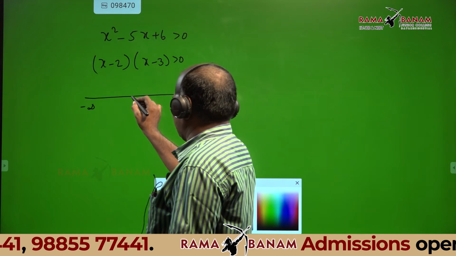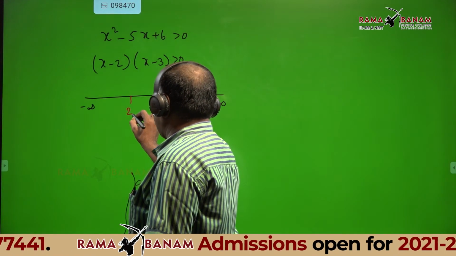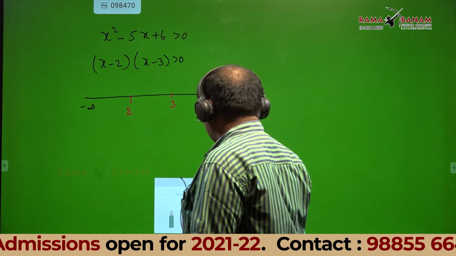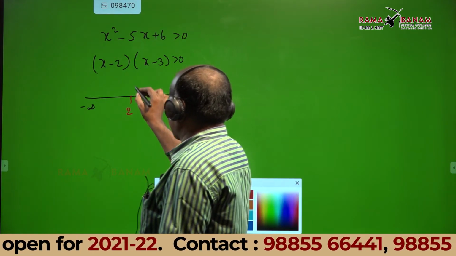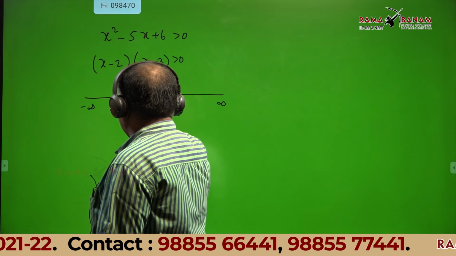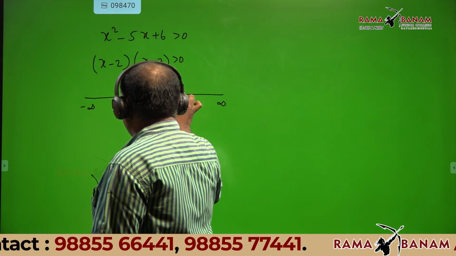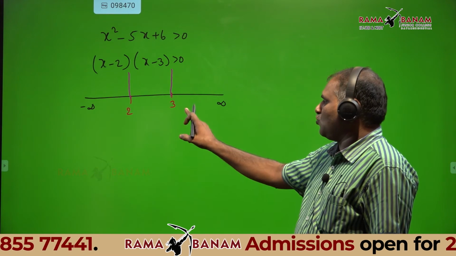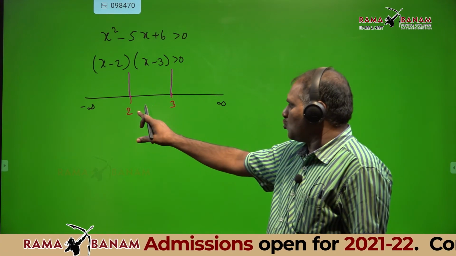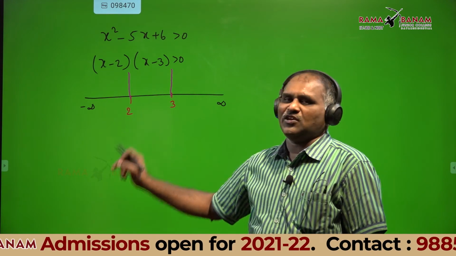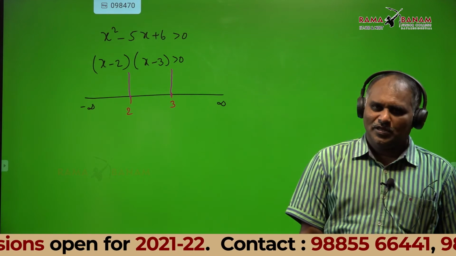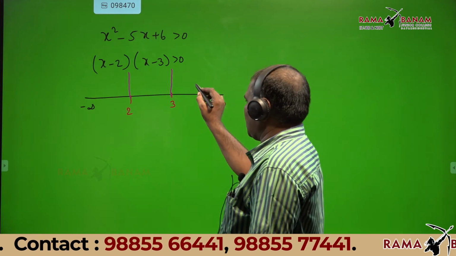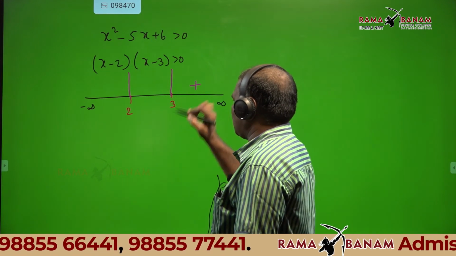Already explained: 2 and 3. There will be 3 partitions: 3 to infinity, 2 to 3, and minus infinity to 2. Already explained, in 3 to infinity you get positive.